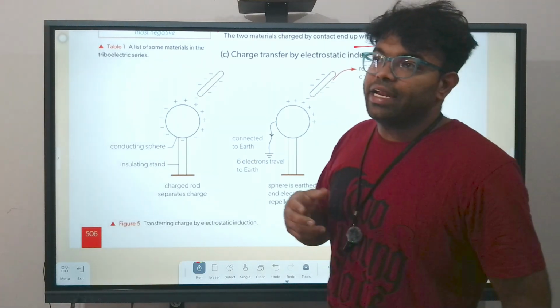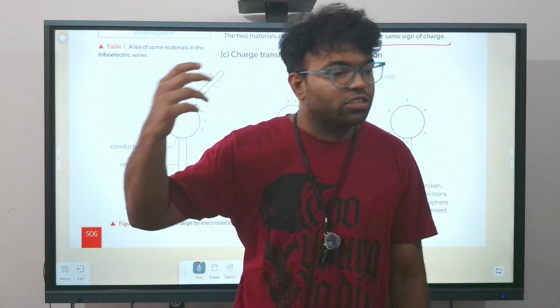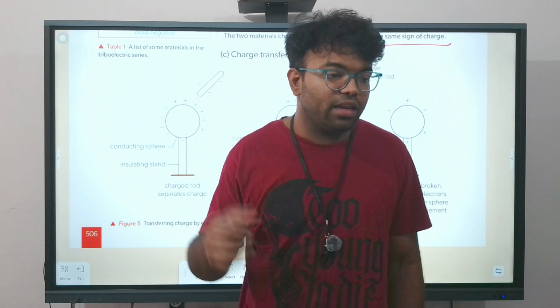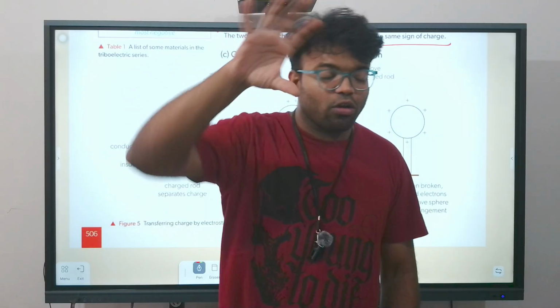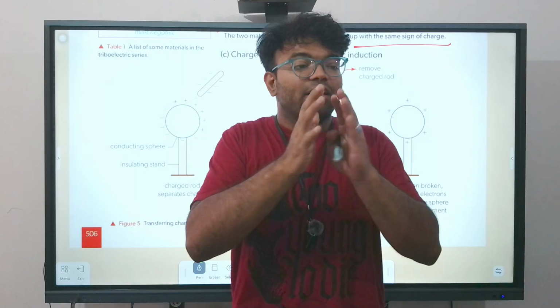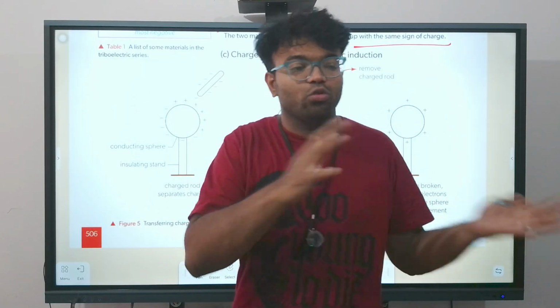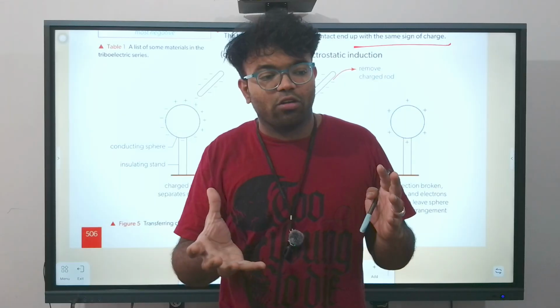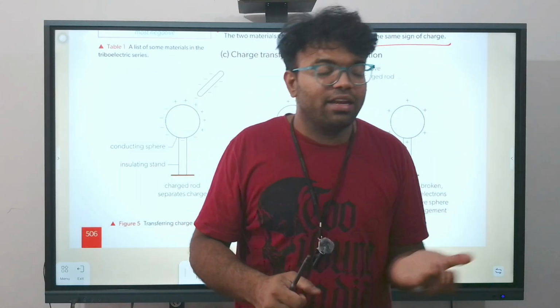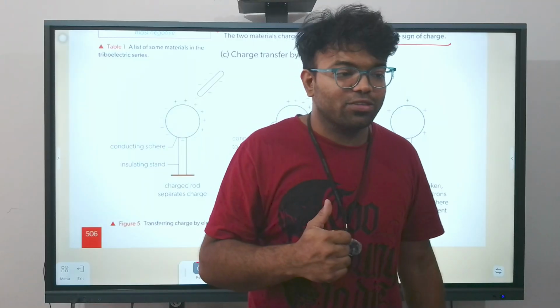See, in induction, when you bring a charged particle next to a neutral particle, it will induce electrons on one side. It will basically split the whole object into two sides, right? One with the electrons concentrated on one side and the other where the positive charge is concentrated.